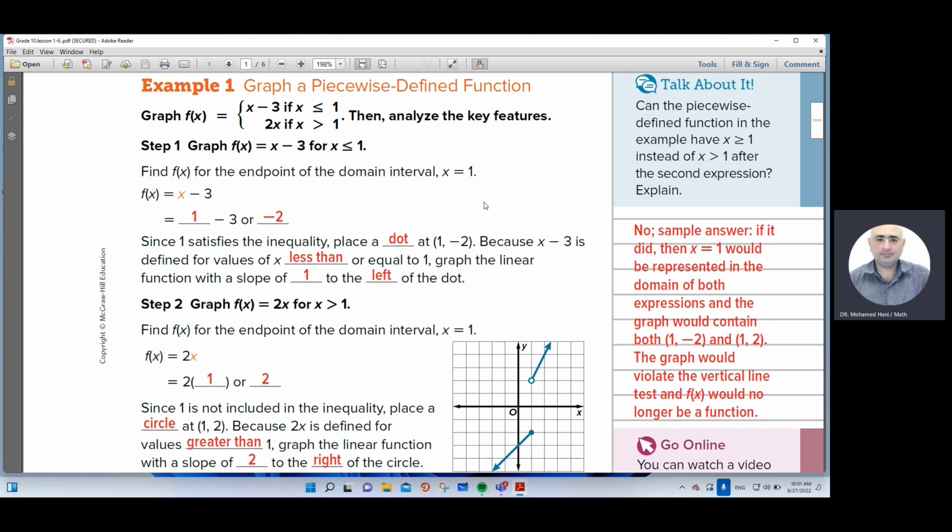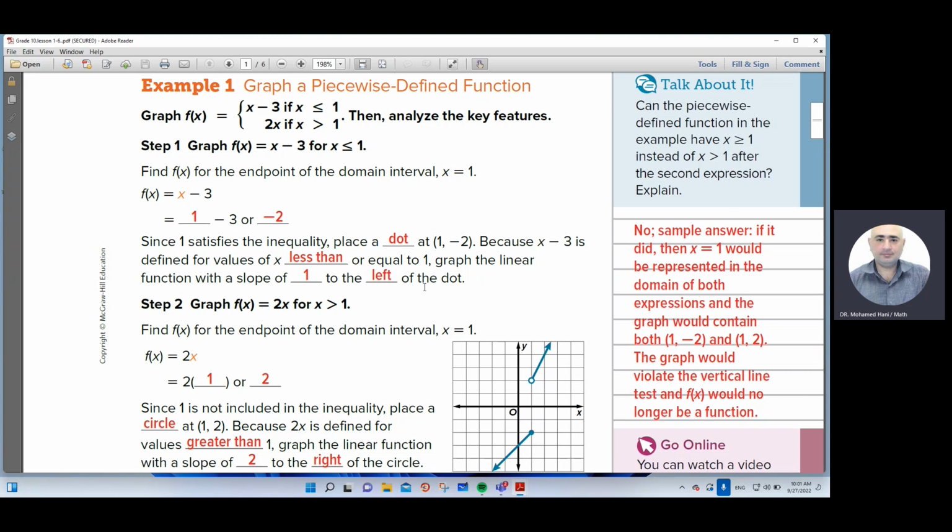As you see here, in the first case, x less than or equal 1. So graph the linear function with a slope of 1. As you see here, the slope will be 1.